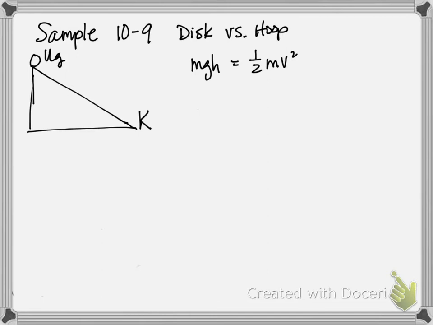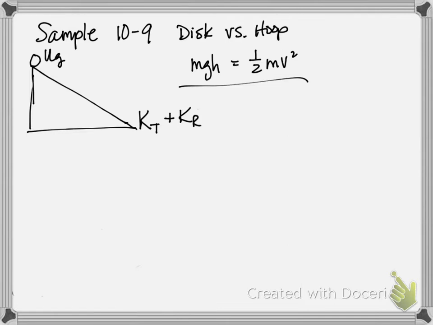We're going to figure out the speeds of these objects when they hit the bottom of the hill, excuse me. So instead of writing mgh equals 1/2 mv squared this time, we have to realize that we have two different types of kinetic energy at the bottom, or while an object is rolling. We have translational kinetic energy and we have rotational kinetic energy.